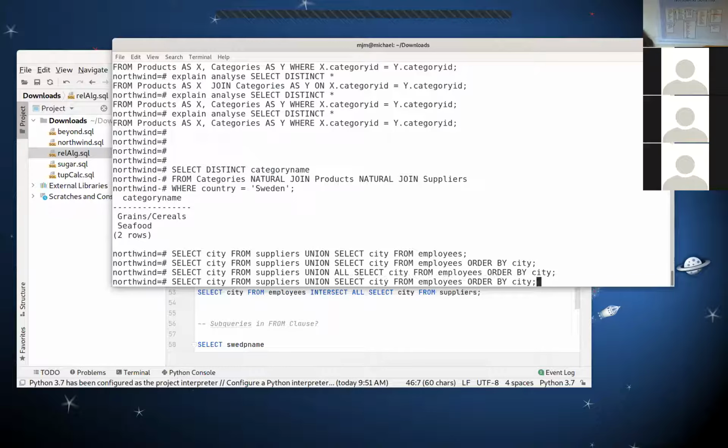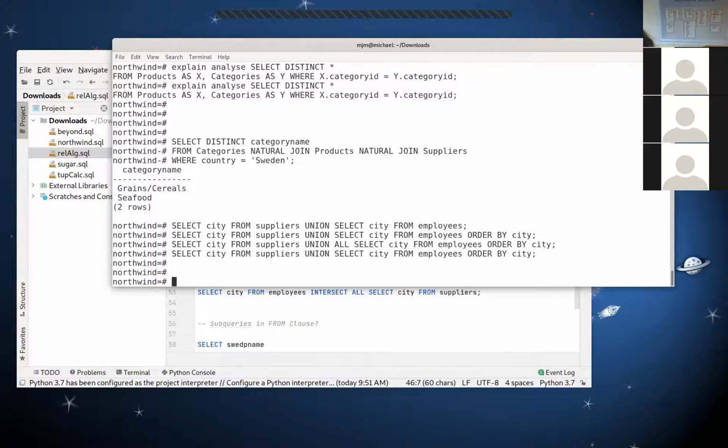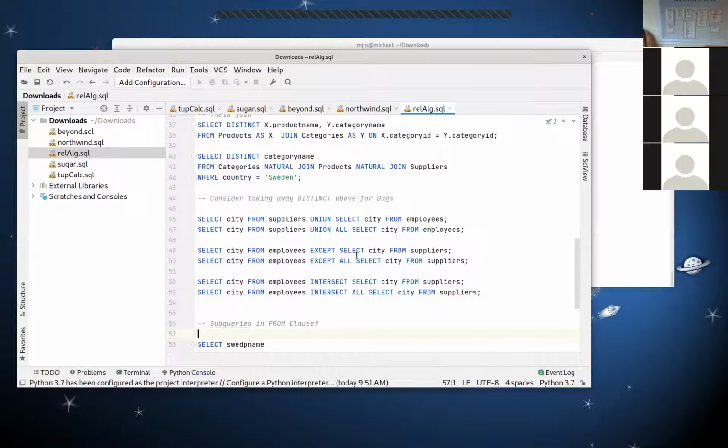Right now it's going to be helpful for us, because if we just do this, there's our union operator, and then instead of union, what else can we do? We can do except, which is the minus operator. Okay, so it's like give me these except. So if we get the cities from the employees, what is this? Oh, from the supplier. I'm doing it over a slightly different table here.